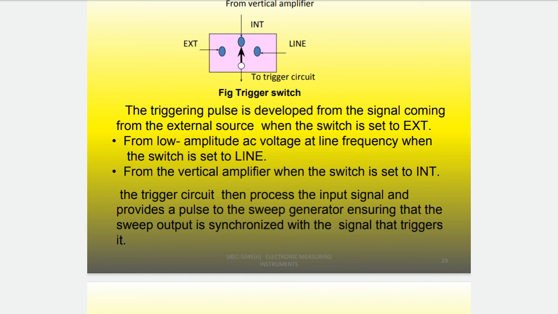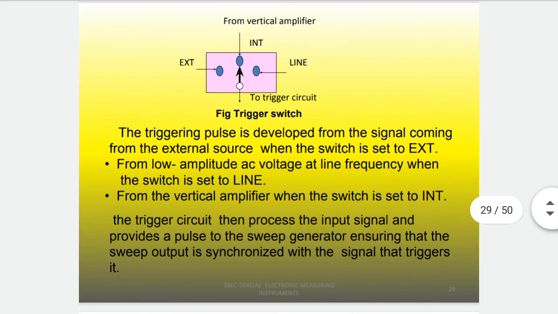You can see in the figure, that is the trigger circuit, the trigger selector switch is there. If we put the switch in external, that means the pulse is coming from the external source, and if we put the switch in internal, it is from the vertical amplifier.